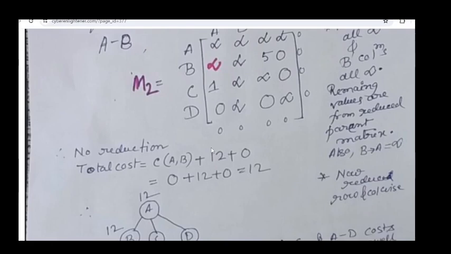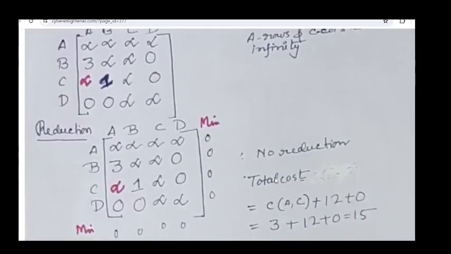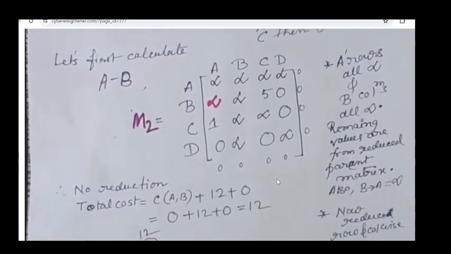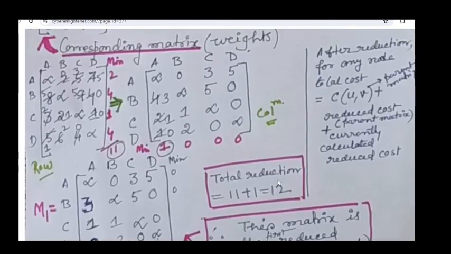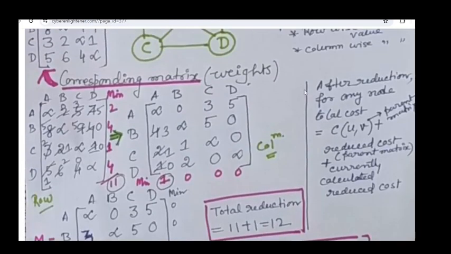Now what is the formula for calculating the cost every time with the help of a reduced matrix? After reduction, for any node, the total cost is C(U,V).